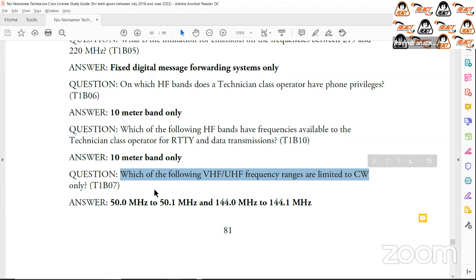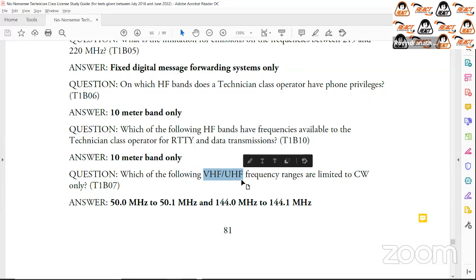All right, so another question. Which of the following VHF, UHF frequency ranges are limited to CW? So let's dissect this question. We're talking about VHF and UHF, and we're talking about CW. We have a slide that says these are the frequencies in the VHF or UHF, but these are actually VHF frequencies.